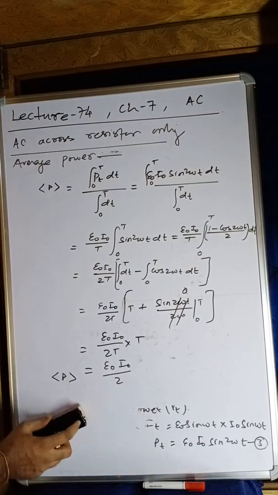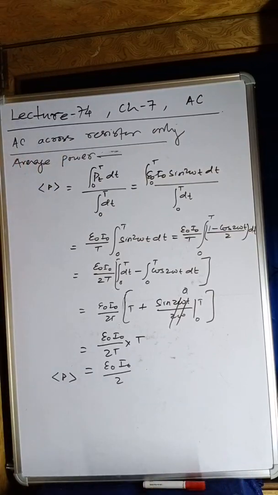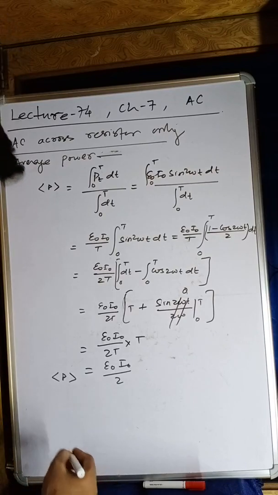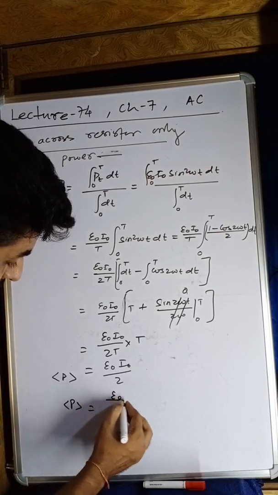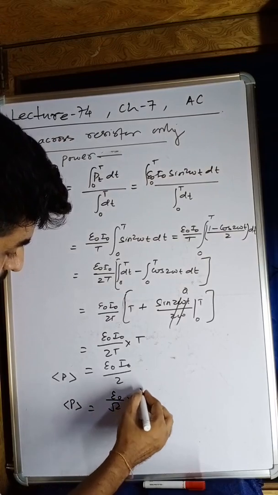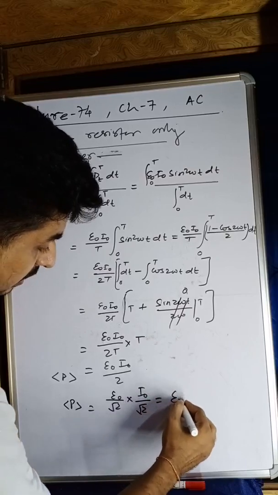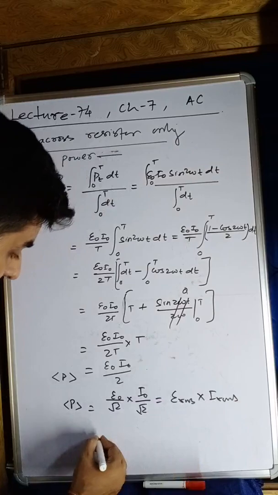Now you can see here, my dear students, the average power is E naught I naught by 2. You can write this equation in terms of RMS value of current and voltage as well. How? This average power is E naught by root 2 into I naught by root 2, that is E RMS into I RMS.